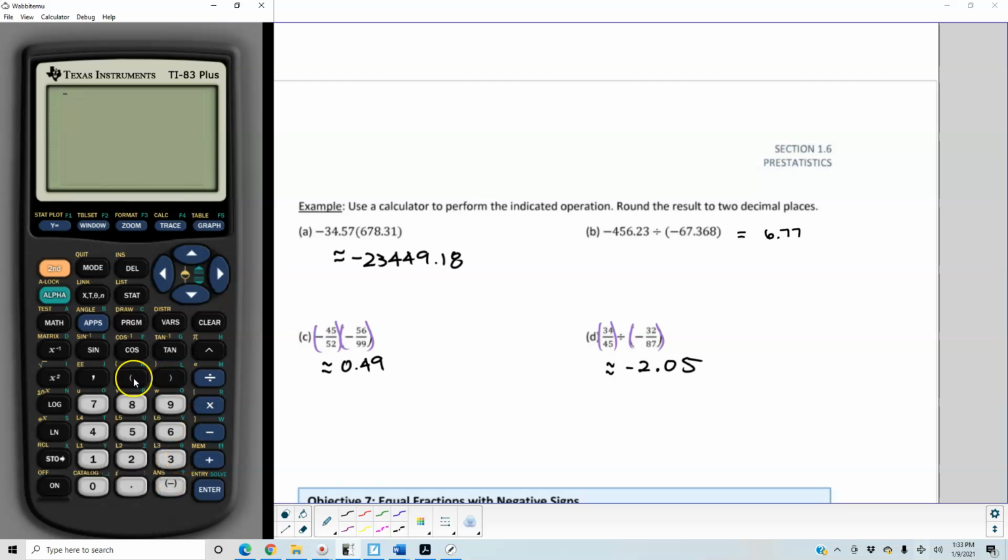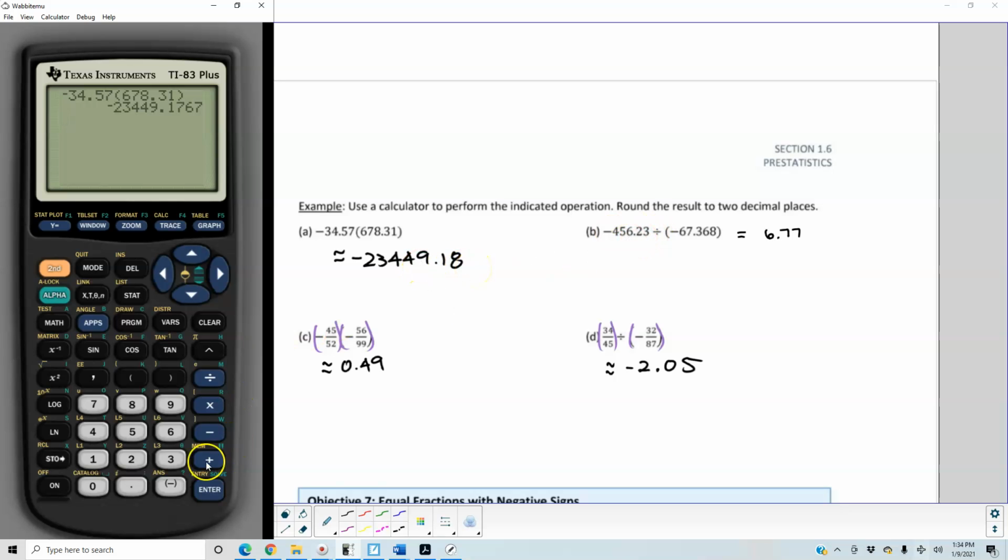And so we take negative 34.57, and we're multiplying that by 678.31, close the parentheses. We want to round that to 2 decimal places. So we get negative 23,449.176. Since this is a 6, we round up to 8, so it's 0.18.